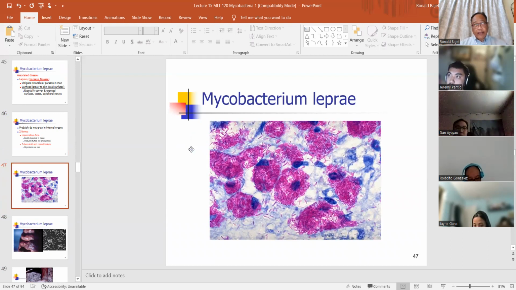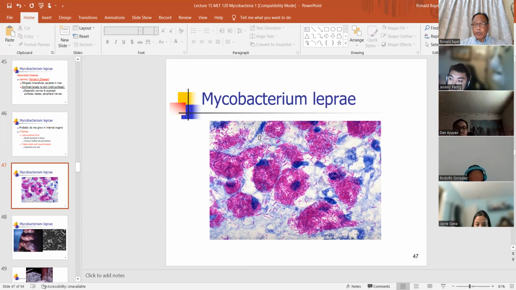So when you're looking at an AFB smear, you are looking for anything red. Looks like there's a lot of red here, okay? In some smears you'll see even this much, like 5 on the whole smear. If you see 5 or a few here and a few there, that's positive.